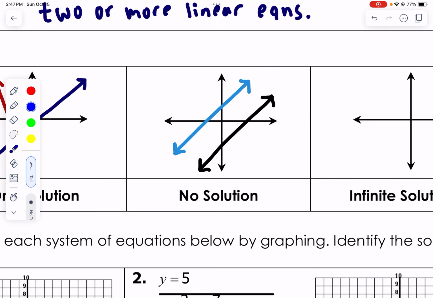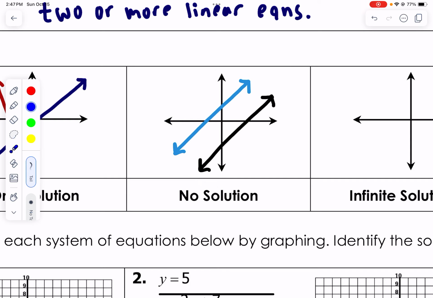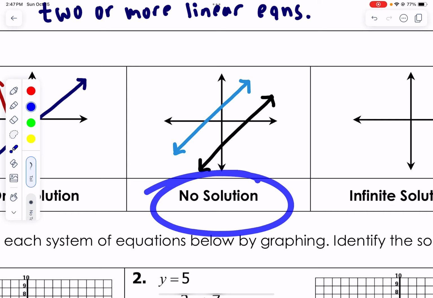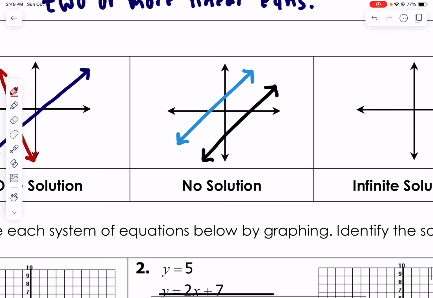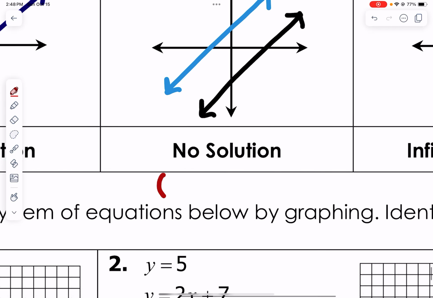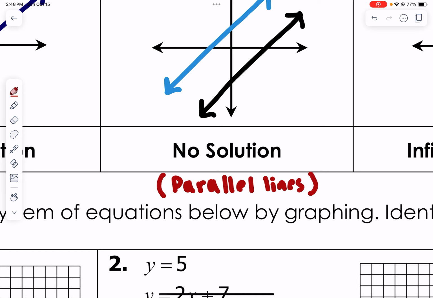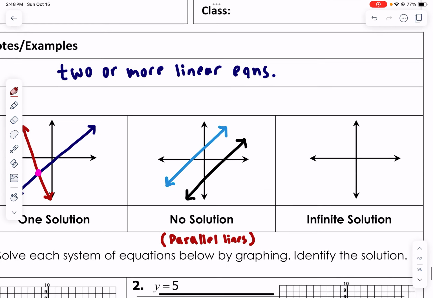Because there is no intersection, this would be an example of a no solution case. One important thing to note here is that whenever you have no solution, you're dealing with parallel lines. Make sure to write that down. That is very important.